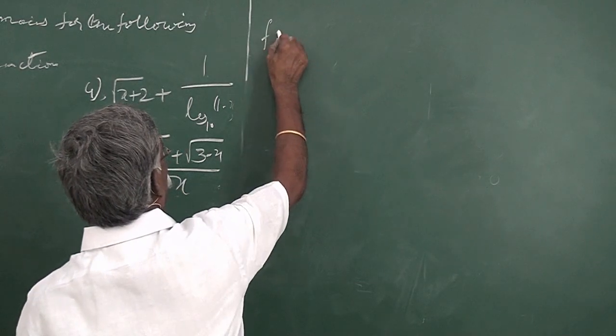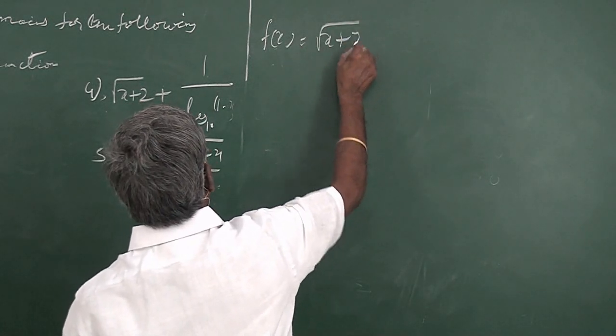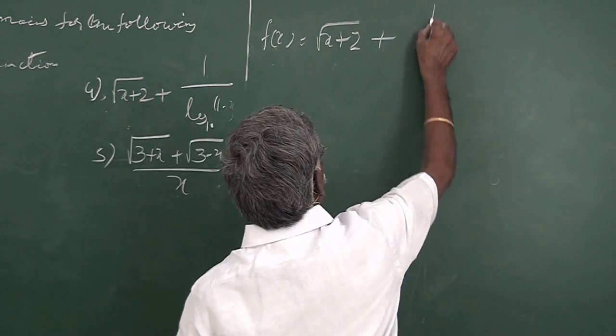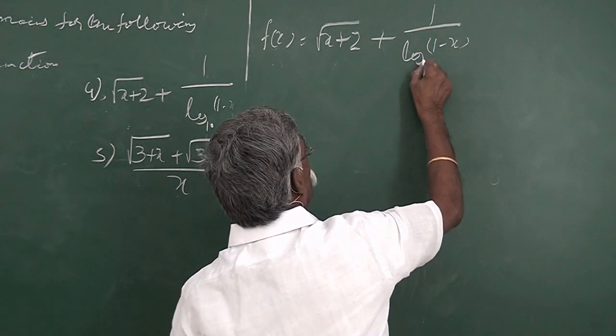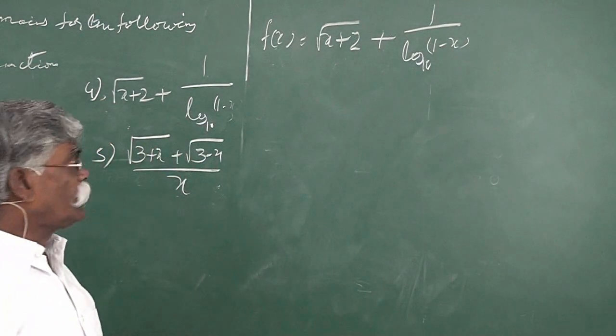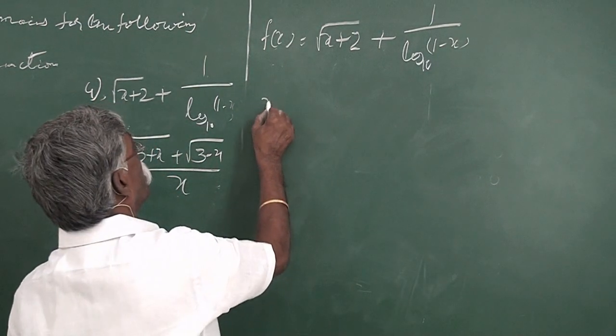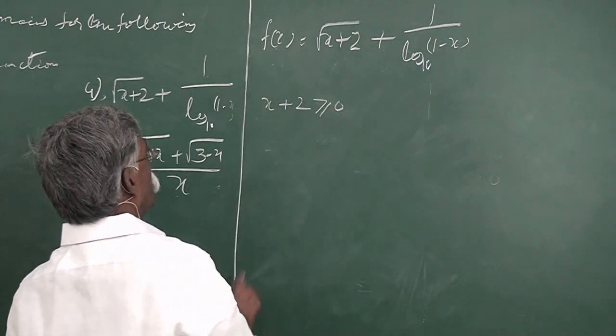Now the next one is f of x equal to root of x plus 2 plus 1 by root of log of 1 minus x to the base 10. Root of x plus 2 is within the square root, therefore x plus 2 must be greater than or equal to 0.